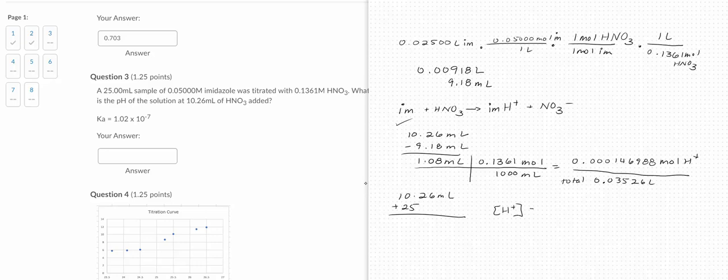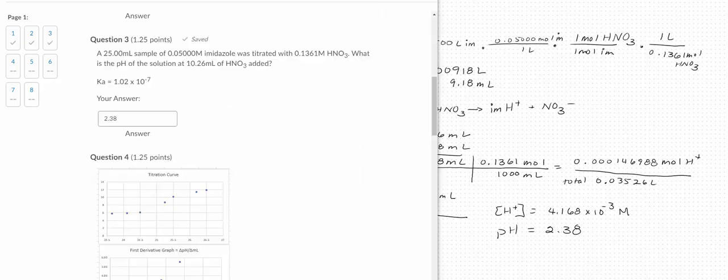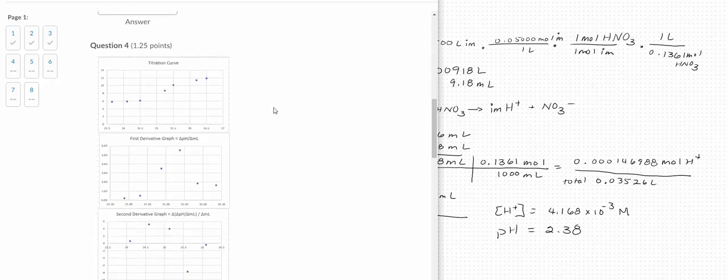So the concentration of my hydrogen ion, because I am using a strong acid, is 4.168, and it keeps going, but I'm just going to leave it in my calculator, times 10 to the negative third molar. The question asked us for the pH. So we need to take the negative log of this value, and I get 2.38.